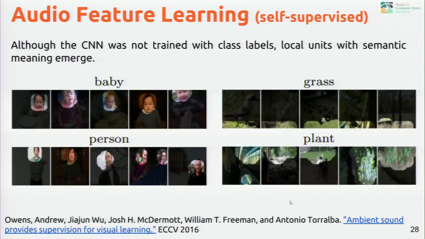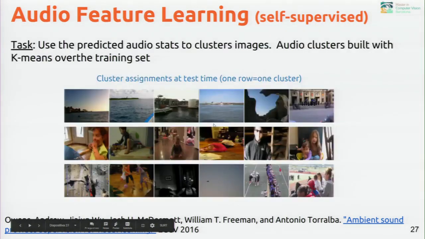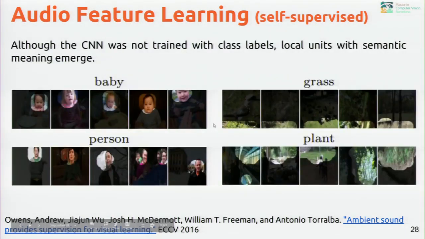Also, and you have seen this earlier, they observed that in the features learned by this neural network, some of these convolutional features had high responses to specific semantic classes, even though this was never trained with any label.